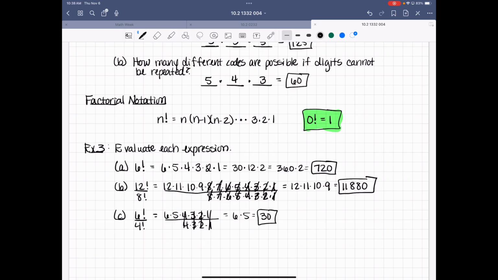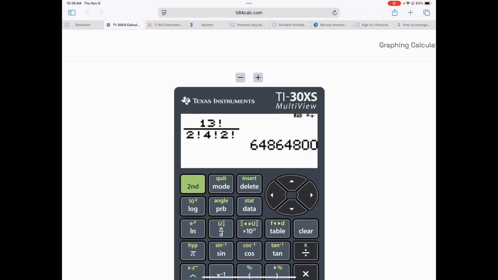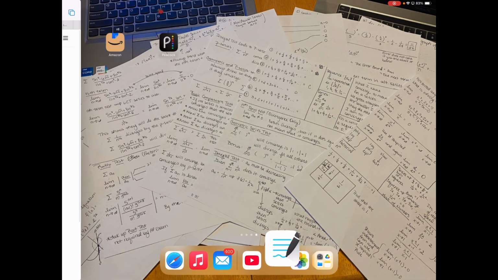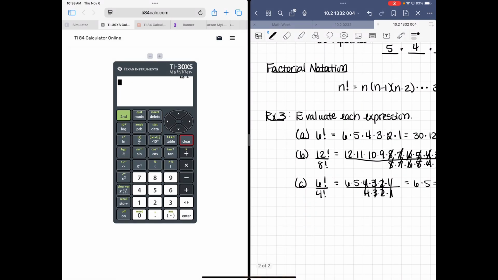Okay, let's take out our handy dandy multi-view, and I will split the screen so we can see both here. All right, so that first one says 6 factorial. Guys, you don't even have to really know what it means. I shouldn't tell you that, but if I type in 6 and then I push the PRB button, not PBR for professional bull riding, PRB, okay?